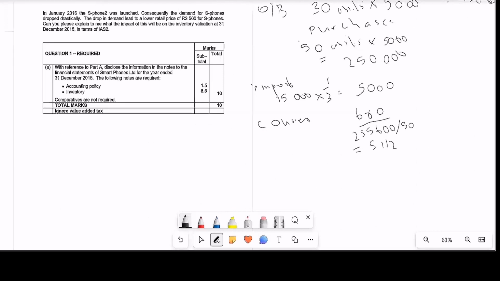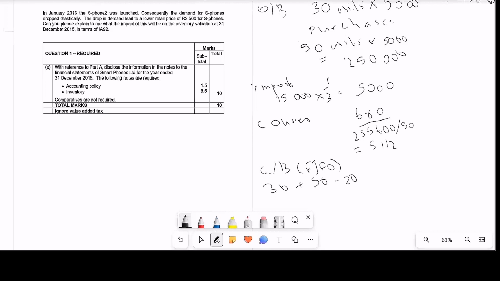We bought 50. So this is the closing balance, first in, first out. So we had 30, then we bought 50, but our closing balance was 60. So which means we only sold 20.